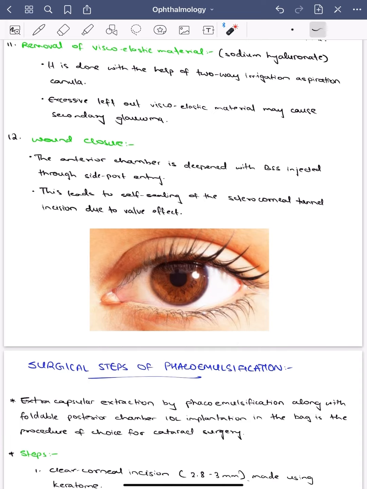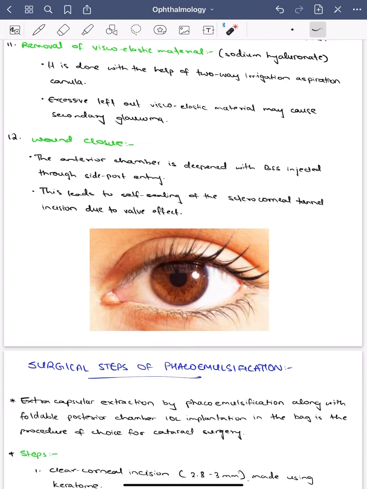Then is the anterior capsulotomy. So once all of this is done, the lens is exposed. Now the anterior capsule of the lens is removed with the help of the CCC, that is continuous circular capsulorhexis. Then we inject balanced salt solution to separate the corticonuclear mass from the posterior capsule.